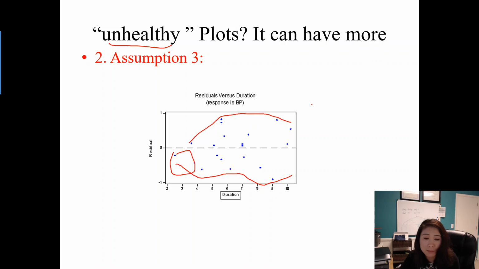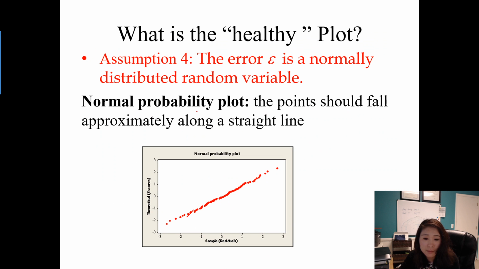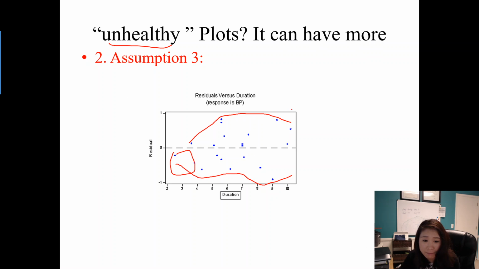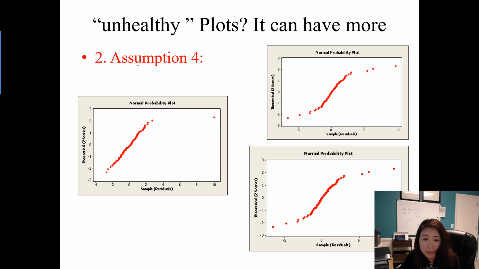So now we look at assumption 4. We're assuming the residual is a normally distributed random variable. So we use the normal probability plot, which will be generated from Excel, and what we're looking for is that the points should fall approximately along a straight line. That's a healthy pattern we use to make that judgment. Now if you look at assumption 4, those are unhealthy plots. First of all, look at this one.